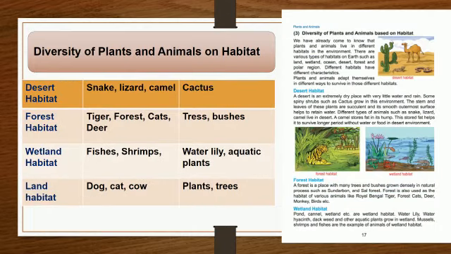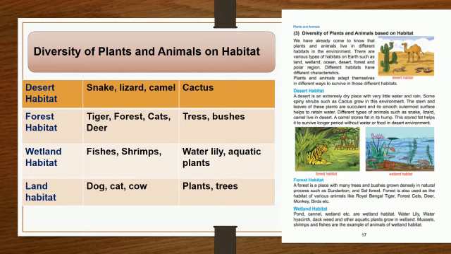Here they have made a common list where in a particular place some animals and plants are living together. For example, here I have made a table for you. Desert habitat. In the desert, animals like snakes, lizards, camels, etc. live, and like them, the cactus plant also lives with them.